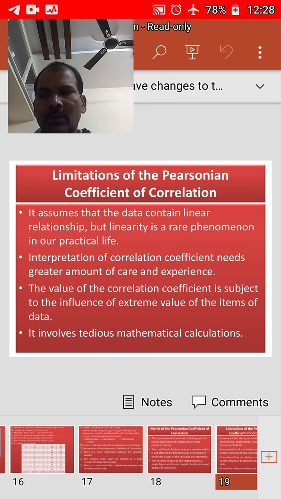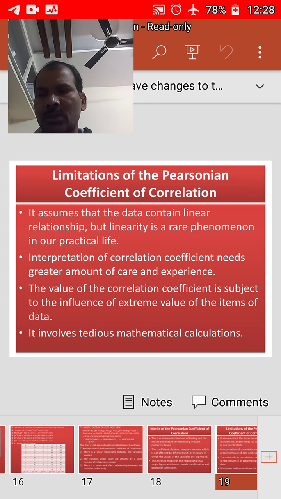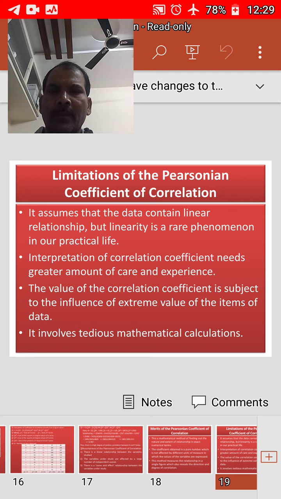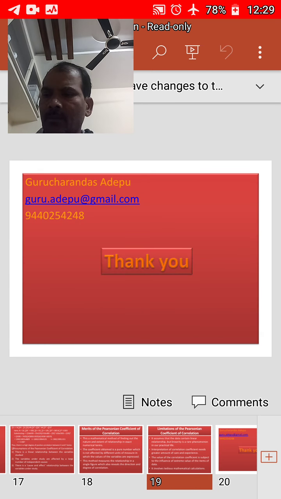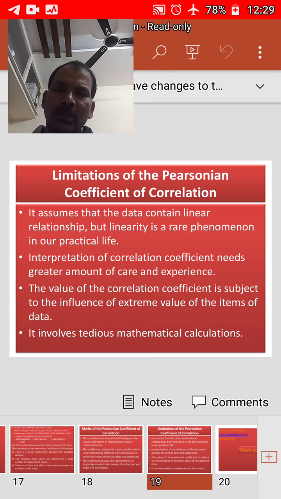Now the merits and limitations of the Pearsonian coefficient of correlation. First we will discuss merits. Karl Pearson's coefficient is a mathematical method to find out the nature and extent of relationship in exact numerical terms, and the coefficient obtained is a pure number which is not affected by the different units of measure in which the values of the variables are expressed.